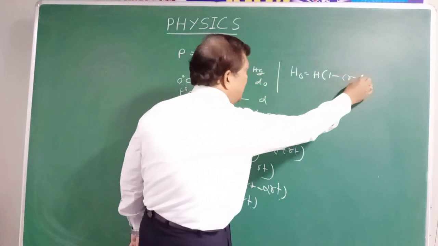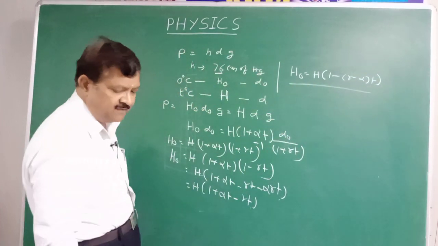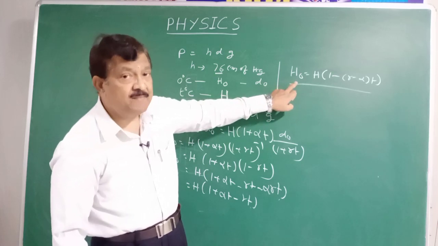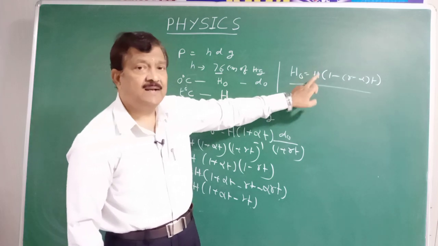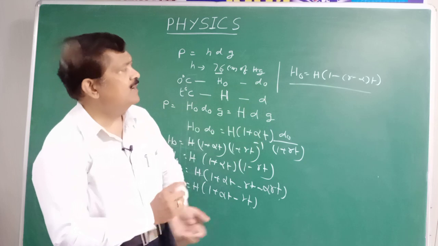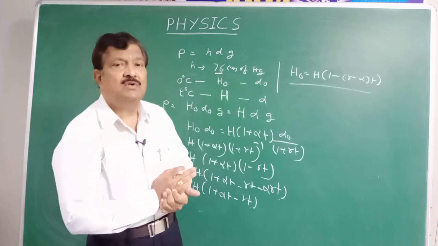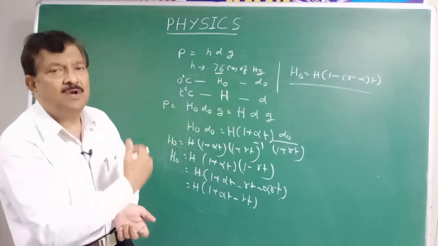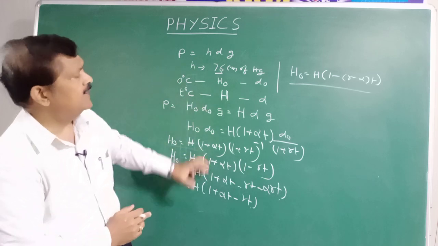This represents the final relation between the reading given by the scale at 0 degrees centigrade and the reading H given at the higher temperature. By using this equation you can find the correct value. This relation is important to find the correct length of the mercury column, which represents the atmospheric pressure. So this is one important application.